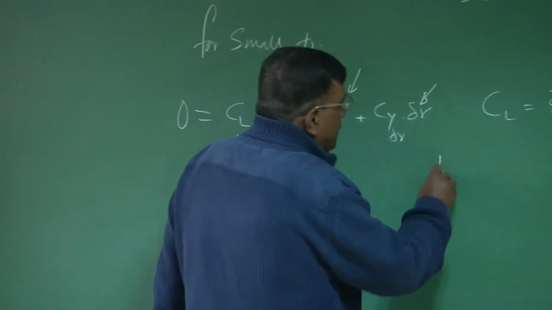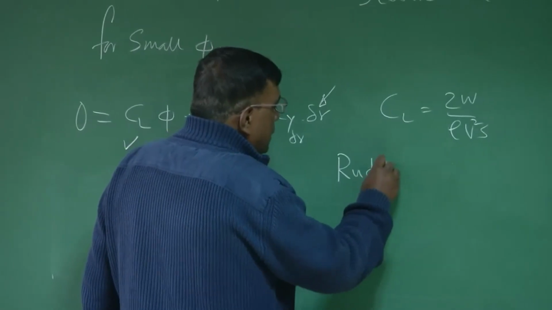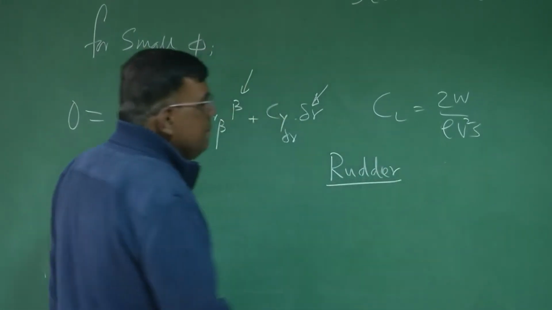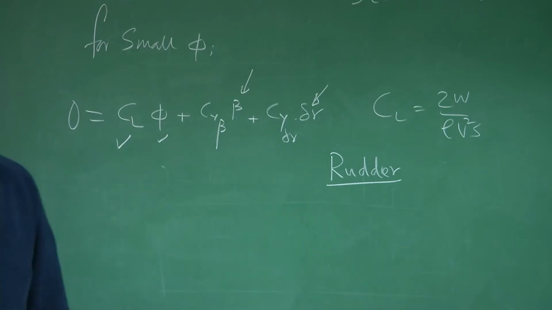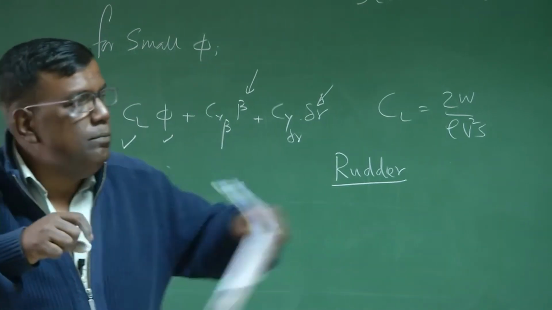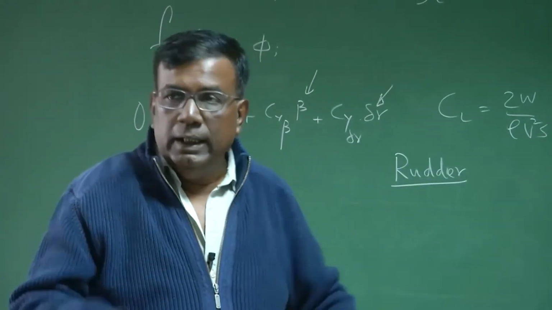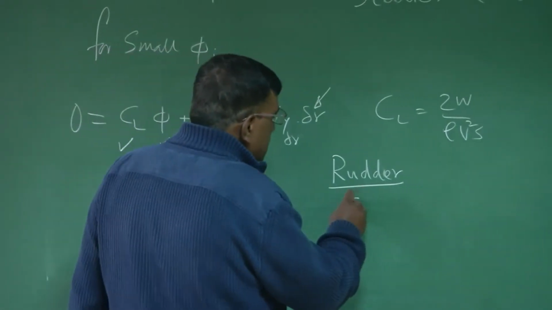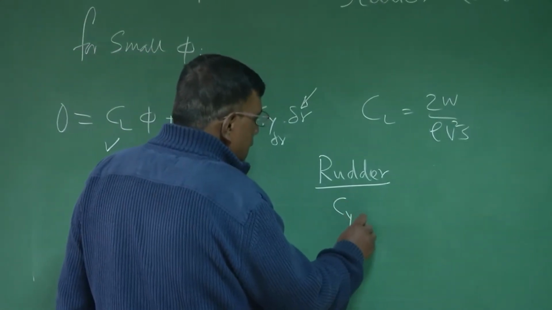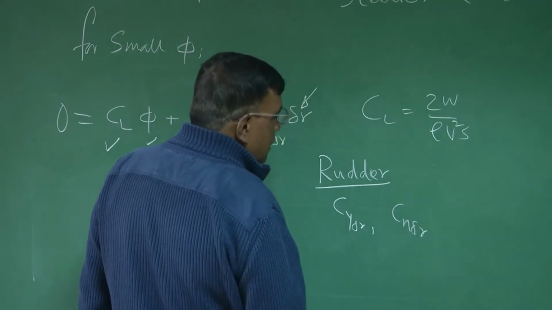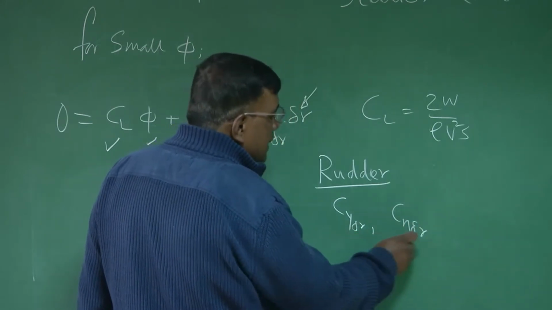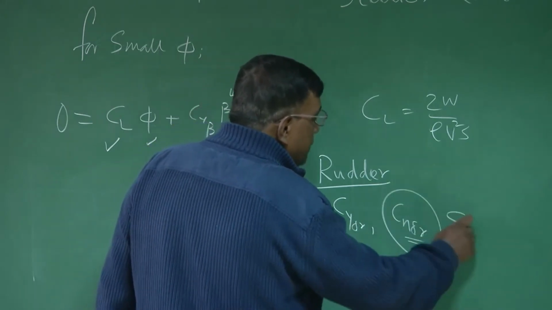Now let us ask one question. When I talk about rudder, what is the role of rudder? To give force or to give moment? Primary role, primary moment, with small area but large moment arm. Right? Okay. That is why you will find when you compare Cy delta R and Cn delta R, Cn delta R is a strong derivative.